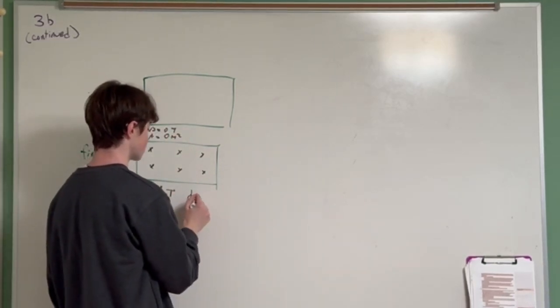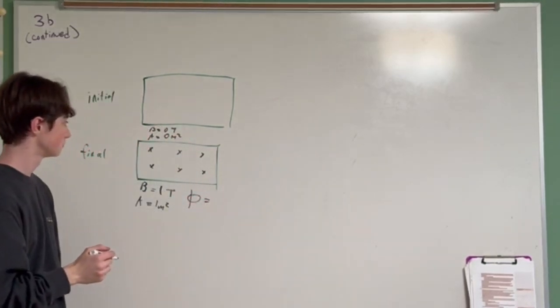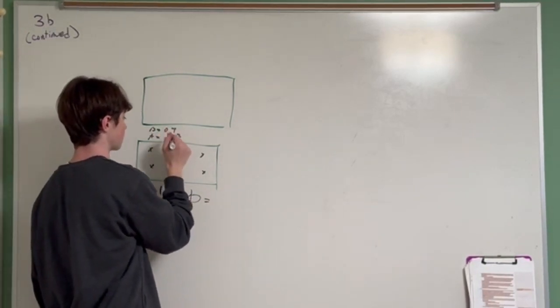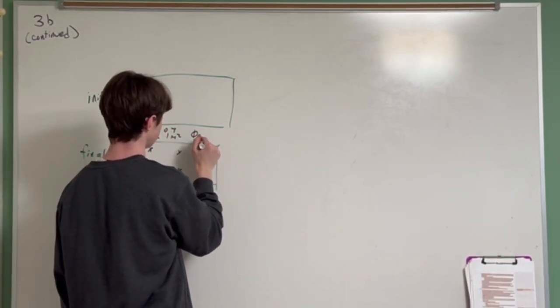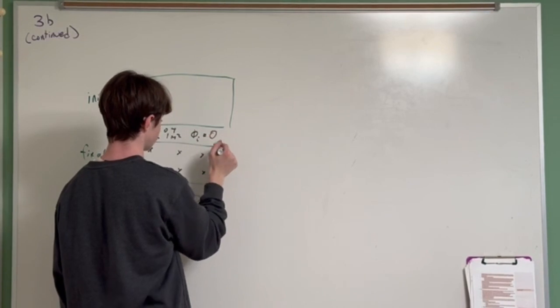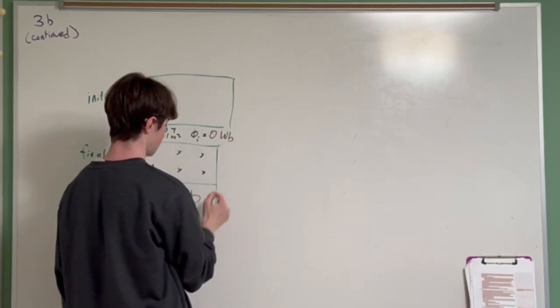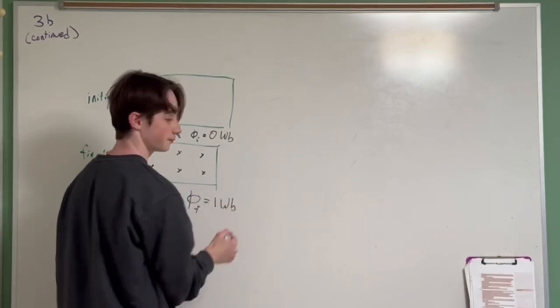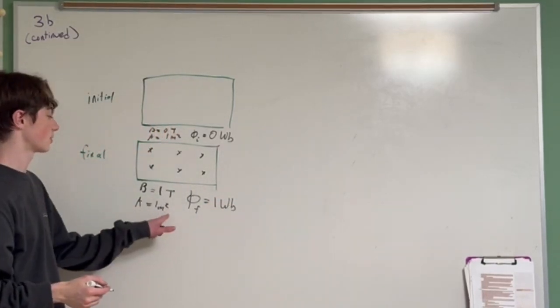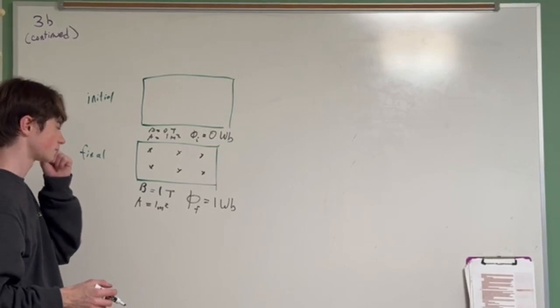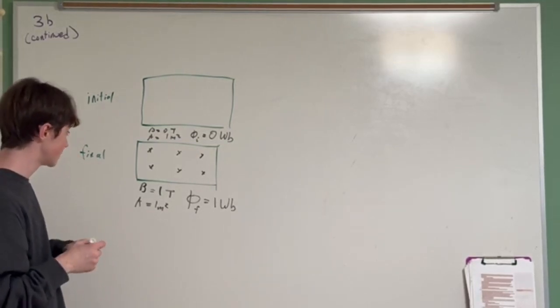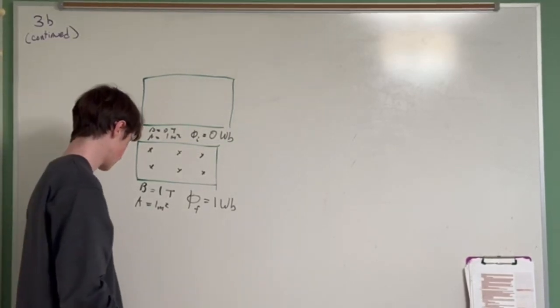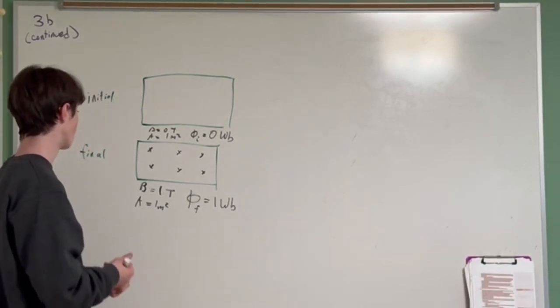The initial flux is equal to 0 Webers, and the final flux is equal to 1 Weber. A Weber is a Tesla meter squared. Let's say this transition happened in 1 second.